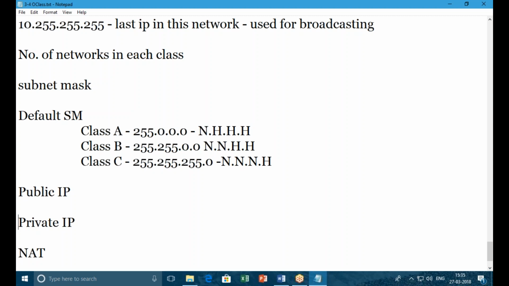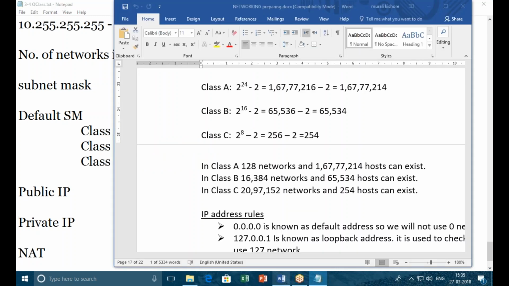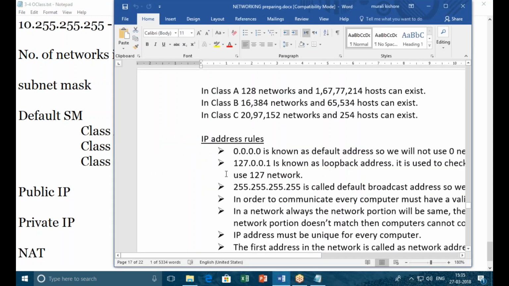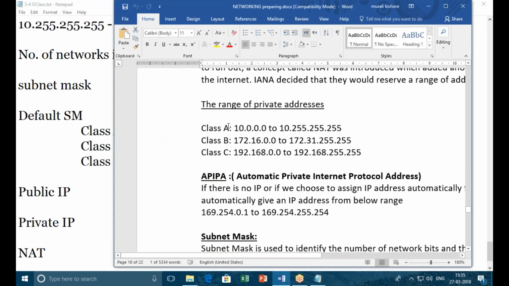In each class, some range is taken as private IP. In class A, it is 10.0.0.0 to 10.255.255.255. In class B, it is 172.16 network to 172.31 network.